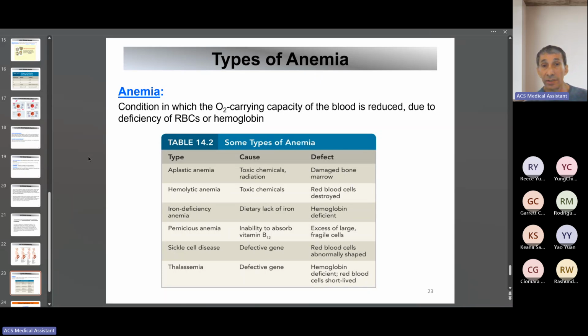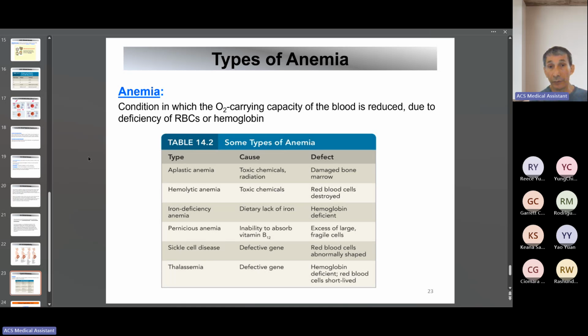Only mature red blood cells carry hemoglobin. Hemoglobin is the one that transports oxygen inside the cells and removes carbon dioxide. So if you don't have enough oxygen, you're going to develop anemia because your hemoglobin is low. That's why we measure hemoglobin levels.